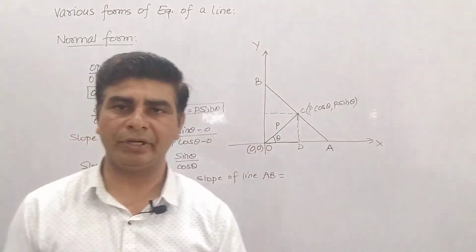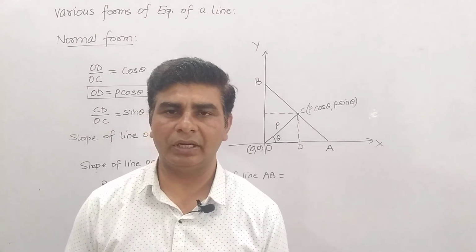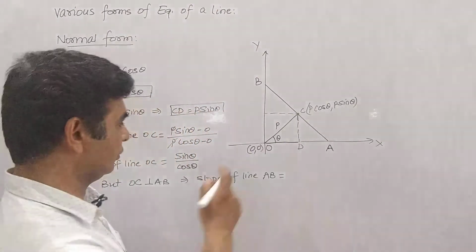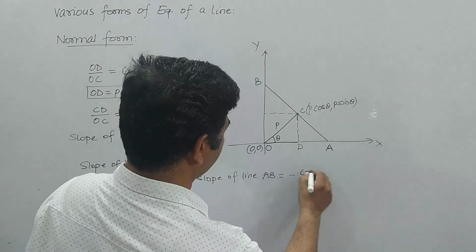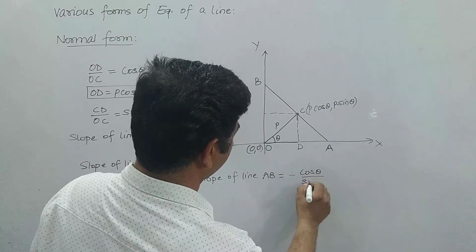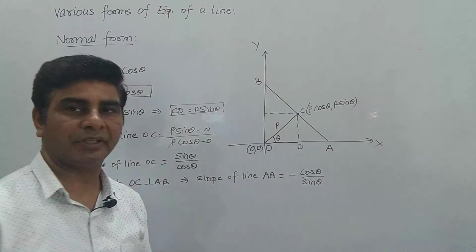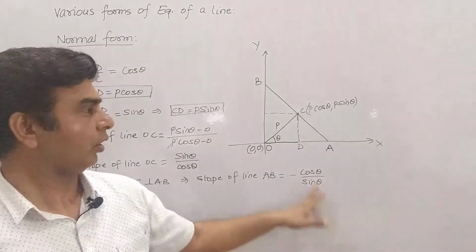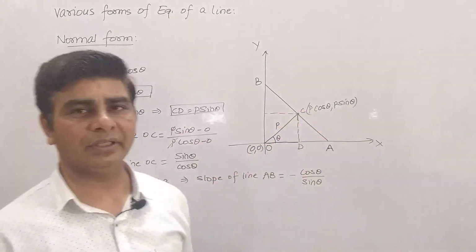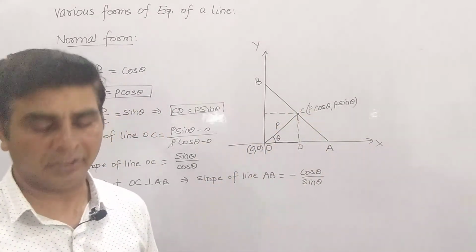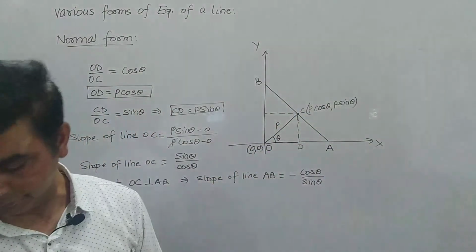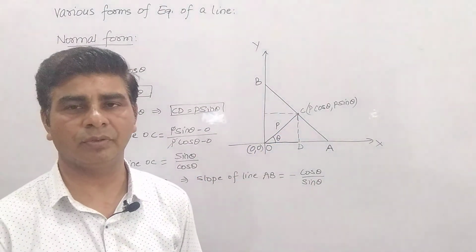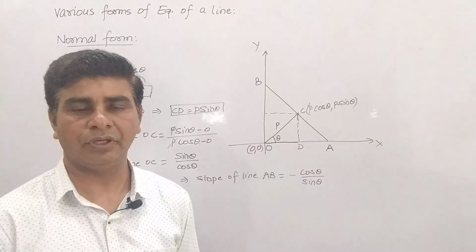Whenever two lines are perpendicular to each other, the slope of one line is always equal to the negative reciprocal of the slope of the other line. So this is minus cos theta upon sin theta. Students, we now have the slope of line AB and the point through which the line passes. Now we can apply the point-slope form, the third form, which we discussed today in this video.